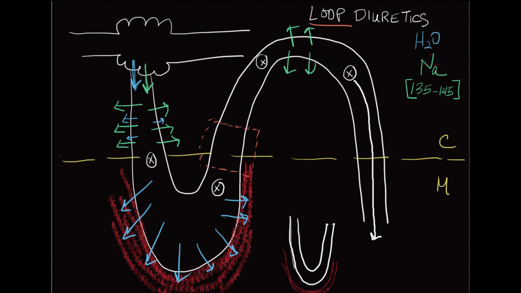So what happens? The second time around, when urine is passed, we have water that wants to come out, but not as much is reabsorbed as the first time around, simply because we don't have enough solutes in the medulla. So when you go through this scenario a second time, and a third time, and a fourth time, you will realize that the number of blue arrows here are going to decrease.